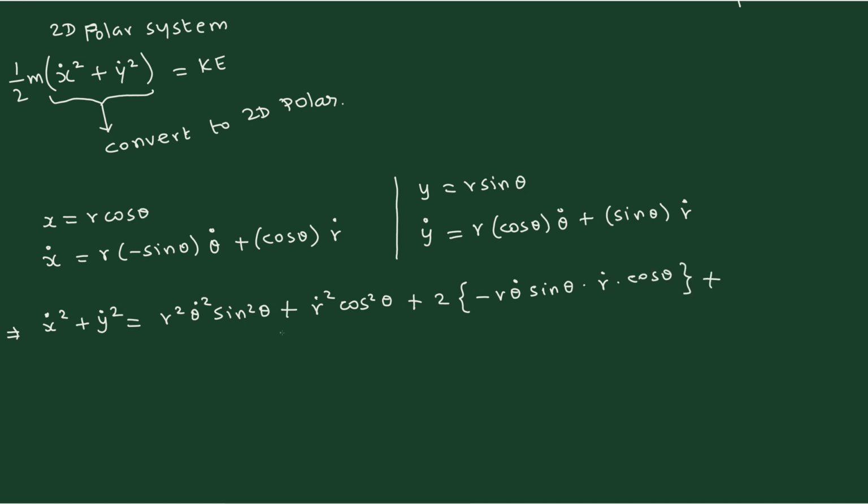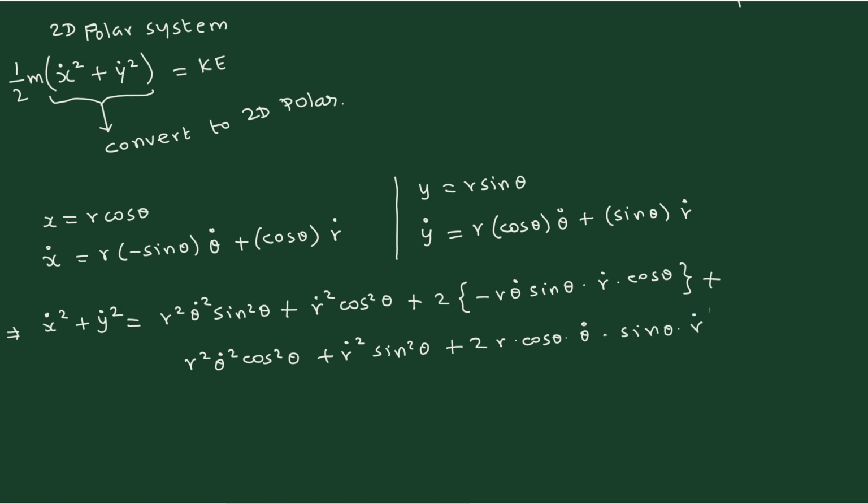Then plus, for the second part, r square theta dot square cos square theta plus r dot square sine square theta, then plus 2 times r cos theta theta dot sine theta r dot.